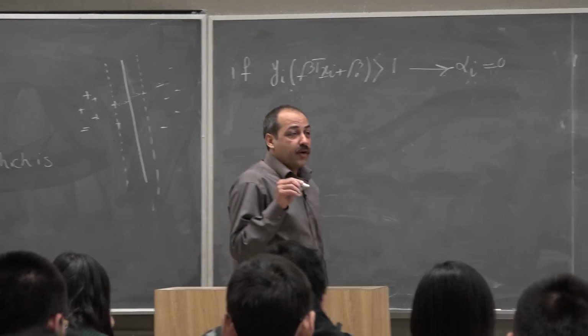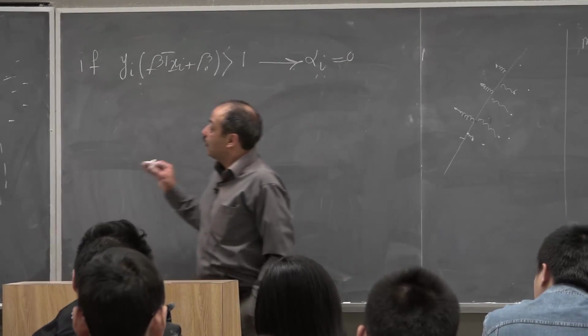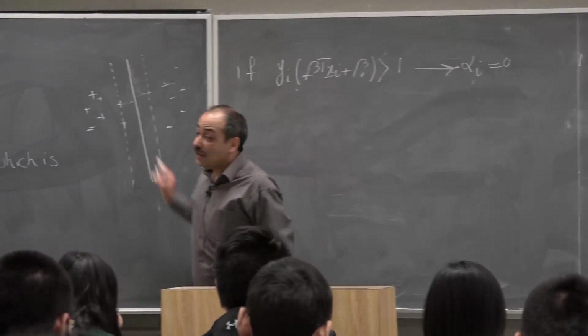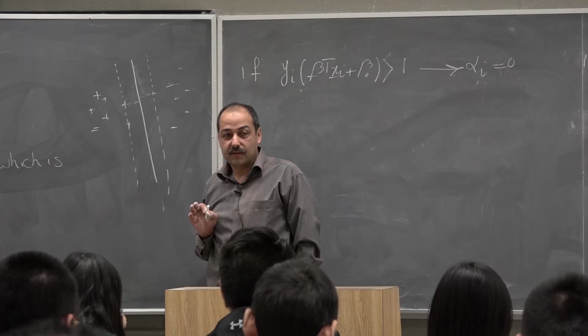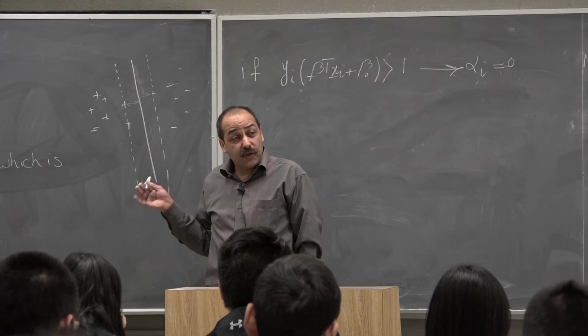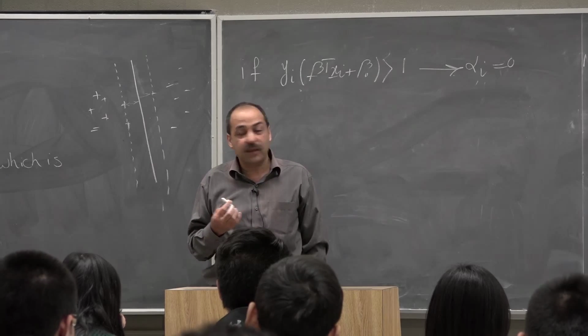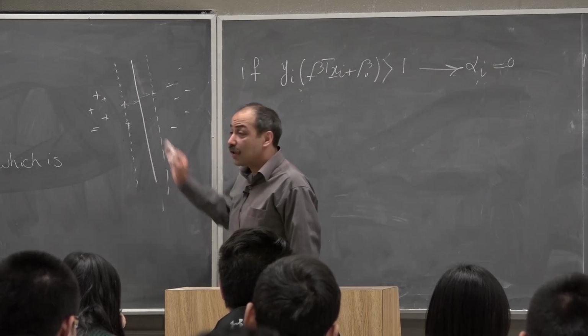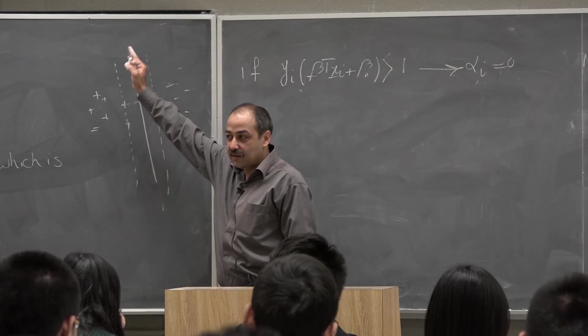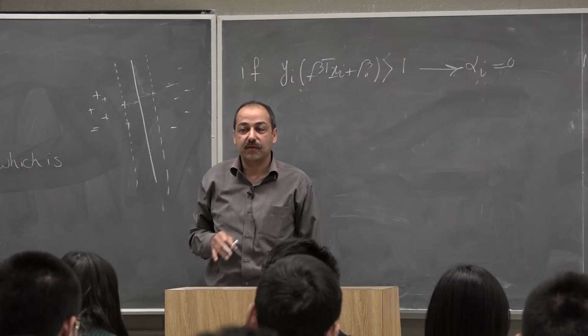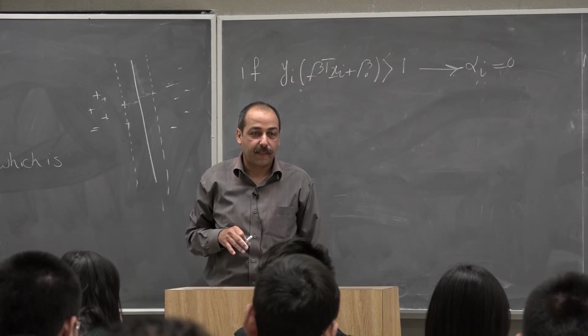Okay, so far we learned how to compute a linear decision boundary. Another beauty of support vector machine is that it can be easily extended to the case that the decision boundary is not linear. There's a nonlinear decision boundary between two sets of points.